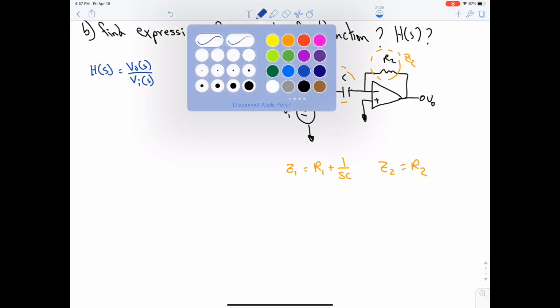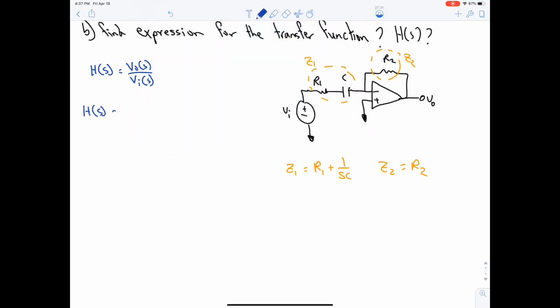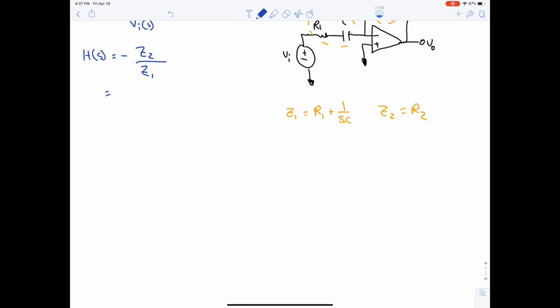The transfer function is minus the top impedance divided by the bottom impedance, so it's minus Z2 over Z1, which is equal to minus R2 divided by (R1 plus 1 over SC). Now let's convert this expression into the general form of the high pass filter. The general form is H of S equals minus K S over S plus omega C.